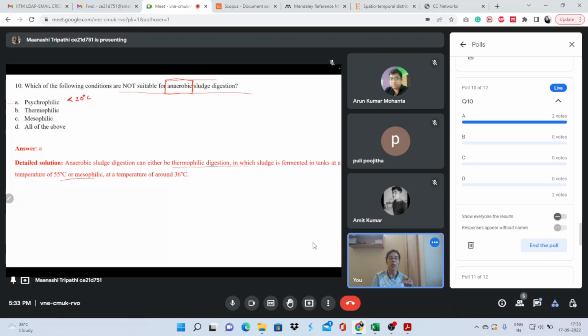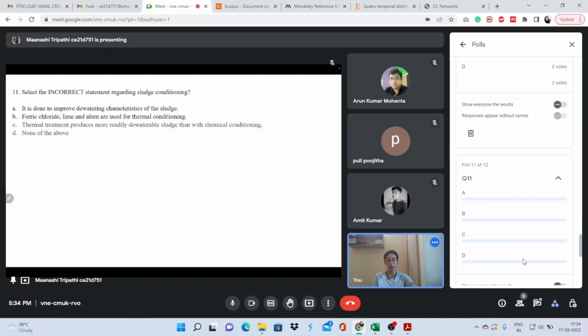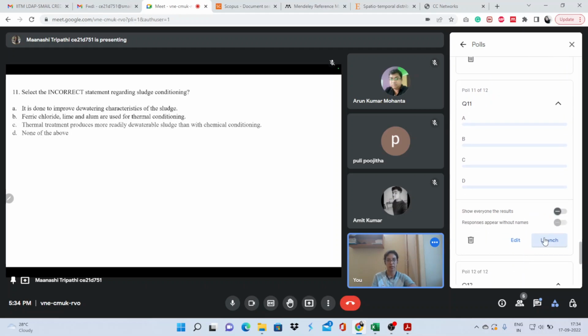That is why our food lives longer in the fridge than in an open environment, because the temperature is psychrophilic. But still, we have seen sometimes our food gets stale in fridges also, because there are some microorganisms, very few, that can act very rapidly in psychrophilic temperature ranges. That is why our food gets stale in the fridge as well.